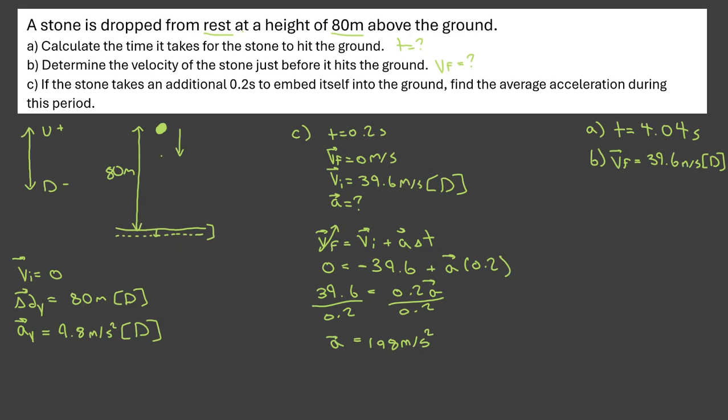So that means there's got to be some acceleration causing the downwards velocity to slow down and therefore eventually come to a stop. So this is actually going to be a positive acceleration. Think of it as if there's some force, the force of the ground or the dirt pushing back up on the stone during that 0.2 second time frame, giving us that positive acceleration.